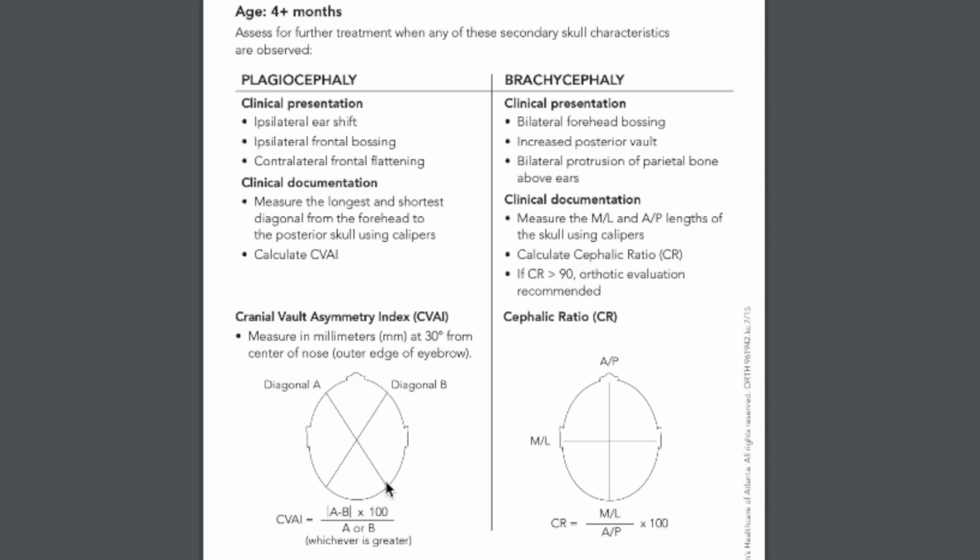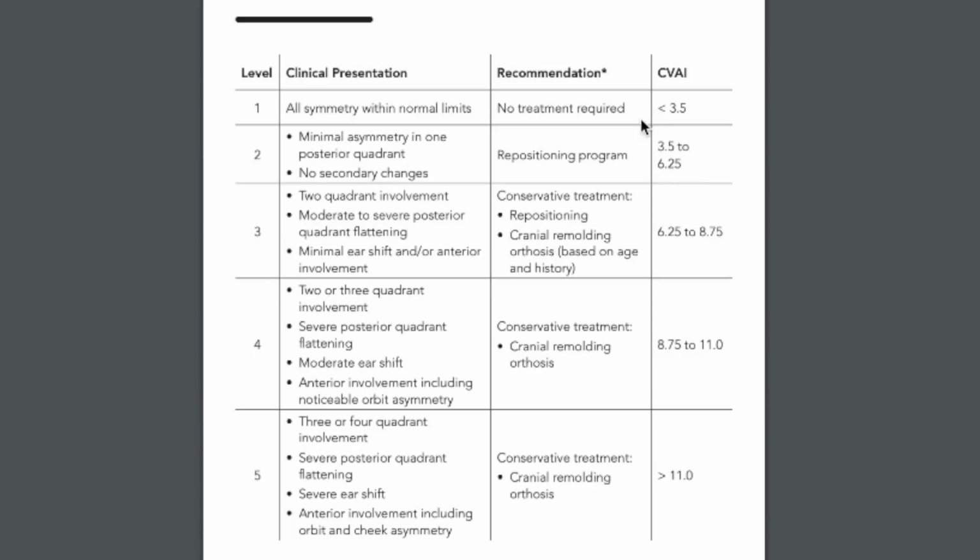And so that I know which ones I'm measuring, because diagonal A and diagonal B doesn't necessarily mean anything to me. So you're going to have one line here and the other line there. You're going to do A minus B, or the 2 numbers you got minus each other, times 100 and divided by the number that is greater. That is going to give you a value, and that value is going to be based on the CVAI.